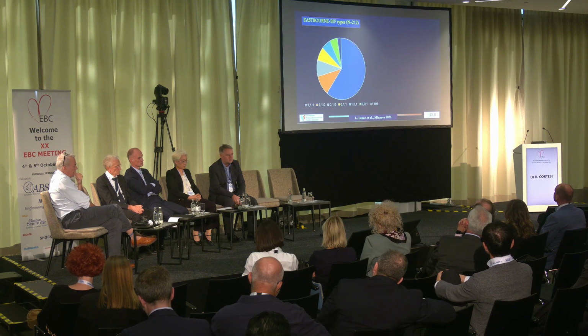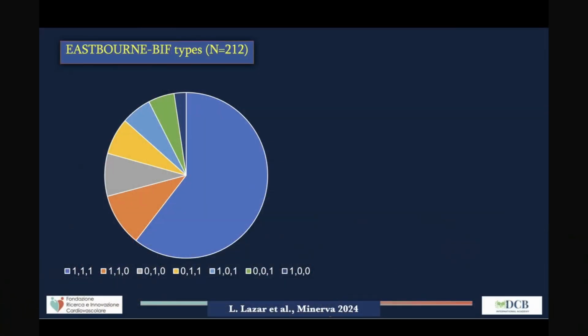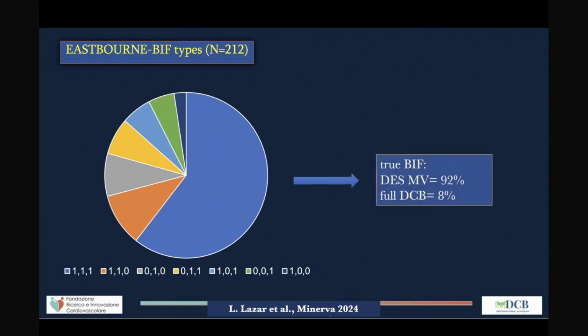About the population that we have enrolled, we have 212 lesions treated with a sirolimus-coated balloon, most of them with a side branch, but there is a good representation of almost all of the types of Medina classification.